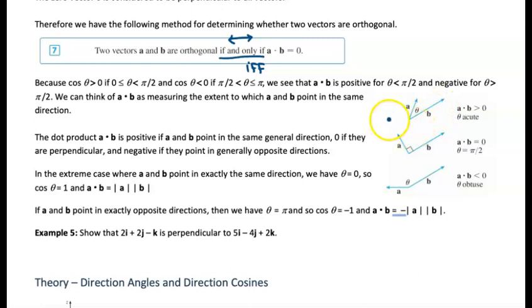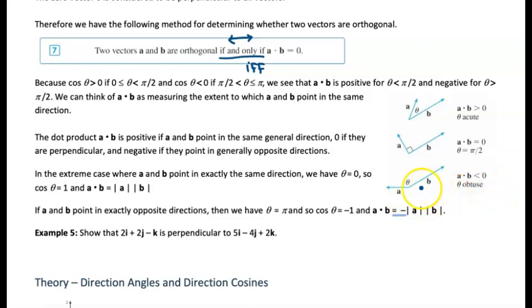Kind of like with the Mario Kart example, if we are facing in the same direction of the boost, we're going to go faster. If we are at 90 degrees, we said this cosine of pi over 2 is going to be 0, so this dot product is going to be 0.